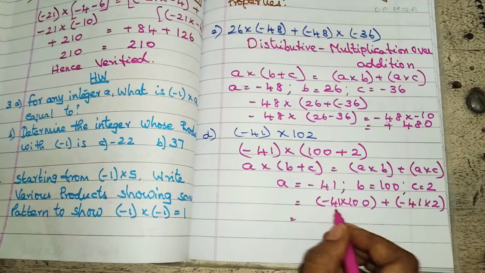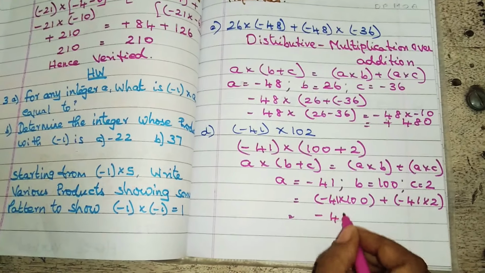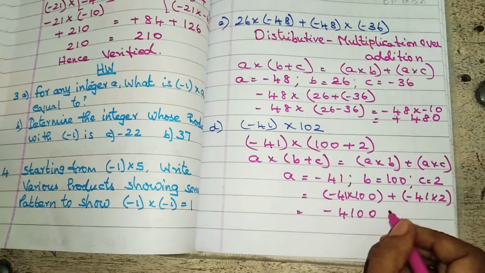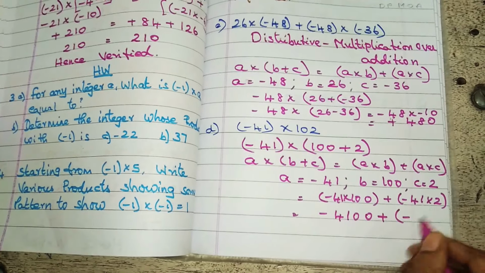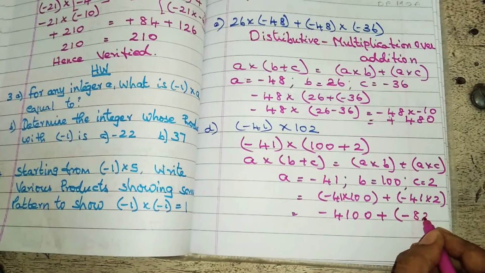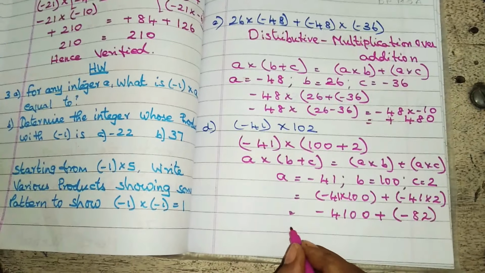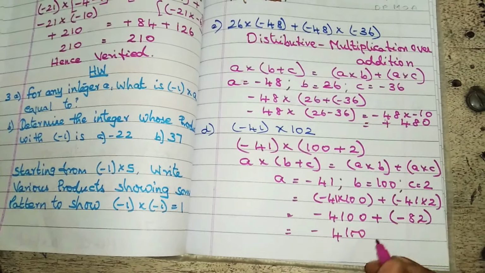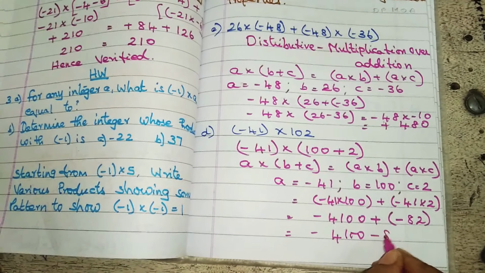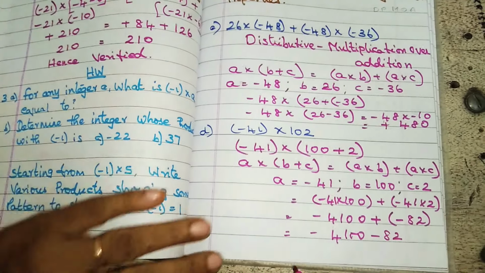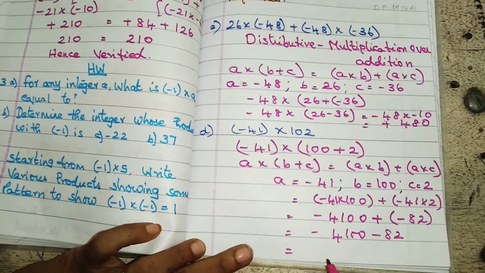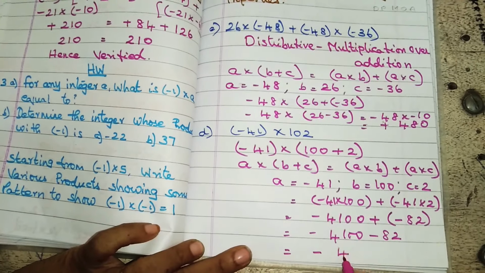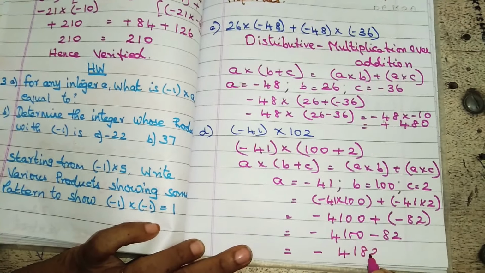So what is minus 41 into 100? Minus 4100 plus minus 82. So now minus 4100 plus minus 82. Two numbers have got the same sign. So I am going to add and put the same sign, which is minus 4182.